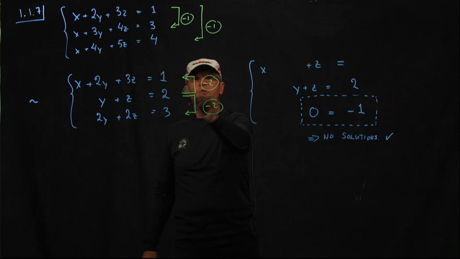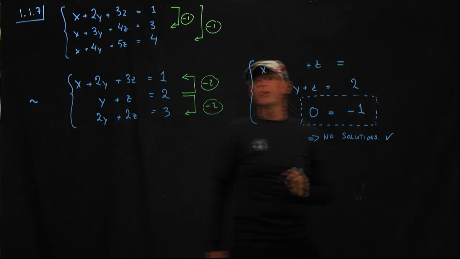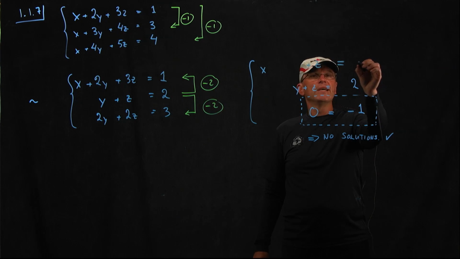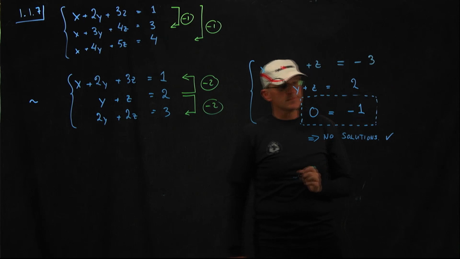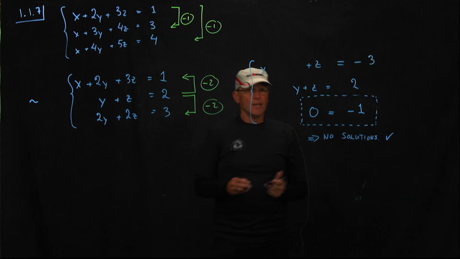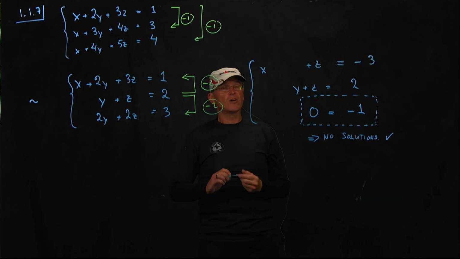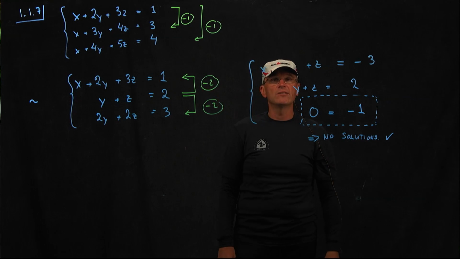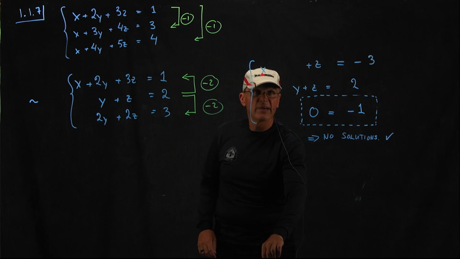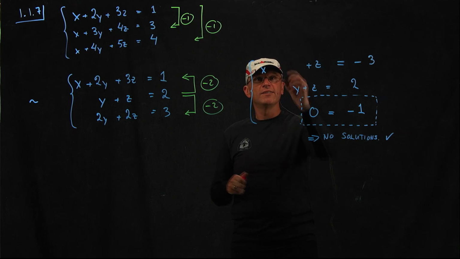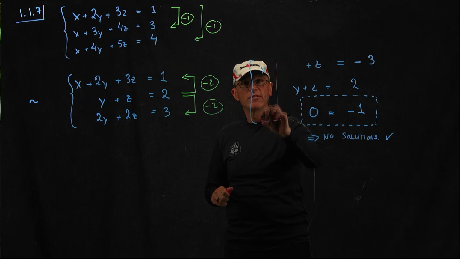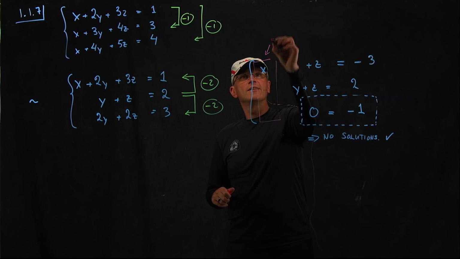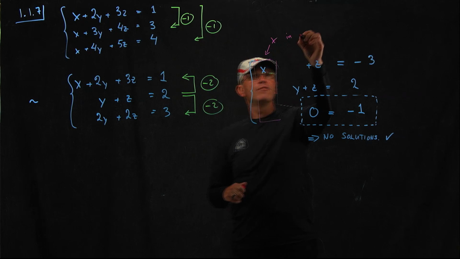And we are subtracting 4 from 1, so we get -3, right? So what if something had survived here, right? So now what we have done in general is that we only have x in the first equation.